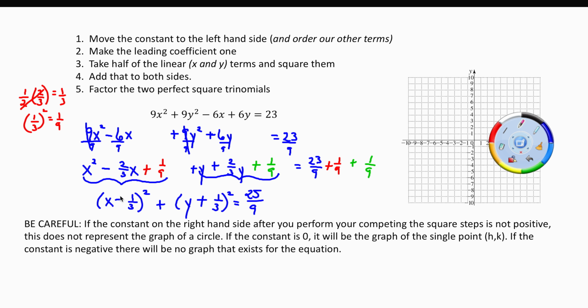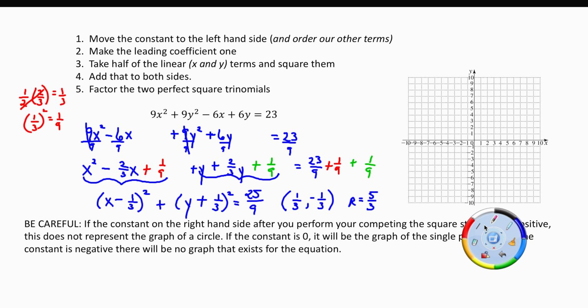And I can tell when it's in this form that my center is at 1/3, negative 1/3, and my radius is, don't forget the square root, so 5/3.